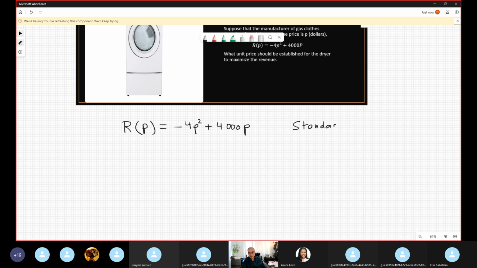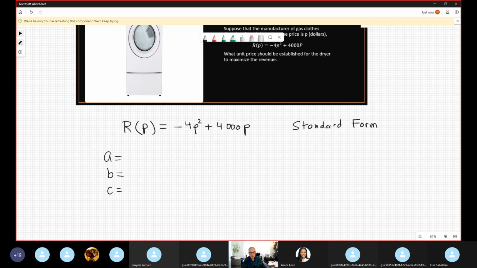The confusing part is normally the independent variable we call X, but in this case it is called P, it's the same. And this is function notation, revenue at any price. This is Y, no? Entonces, A, B, C. Who is A, who is B, and who is C, in your opinion?